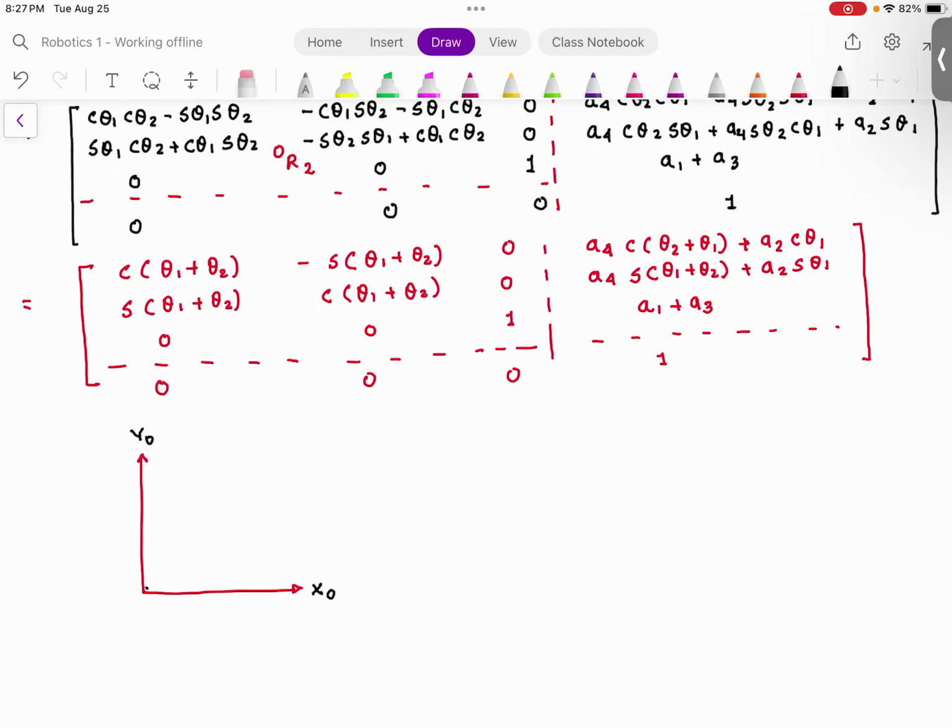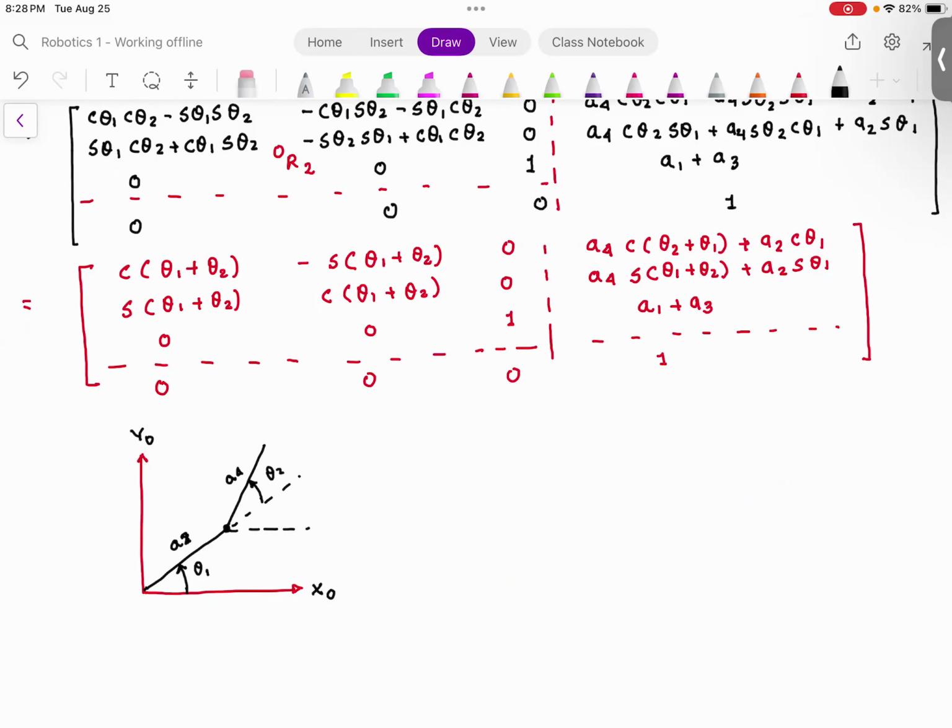So the first robot, I'm going to show you the first link, and then the second link. This link is A2, this link is A4. This angle is theta 1, and this angle is theta 2.